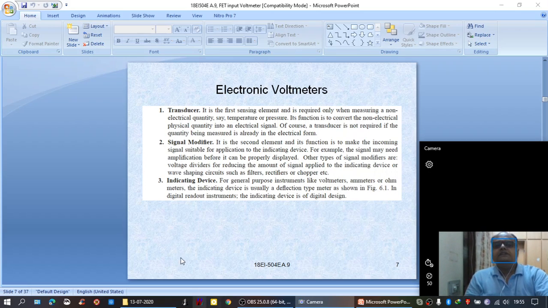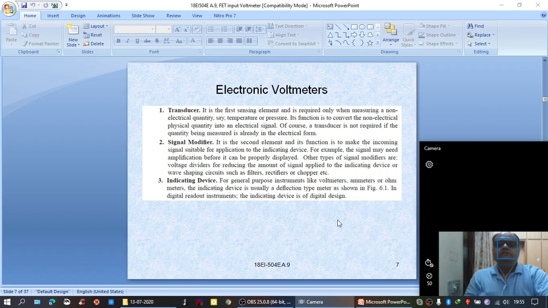First, about the transducer. Second, the signal modifier. It is the second element in the electronic voltmeter, and its function is to make the incoming signals suitable for application to the indicating device.